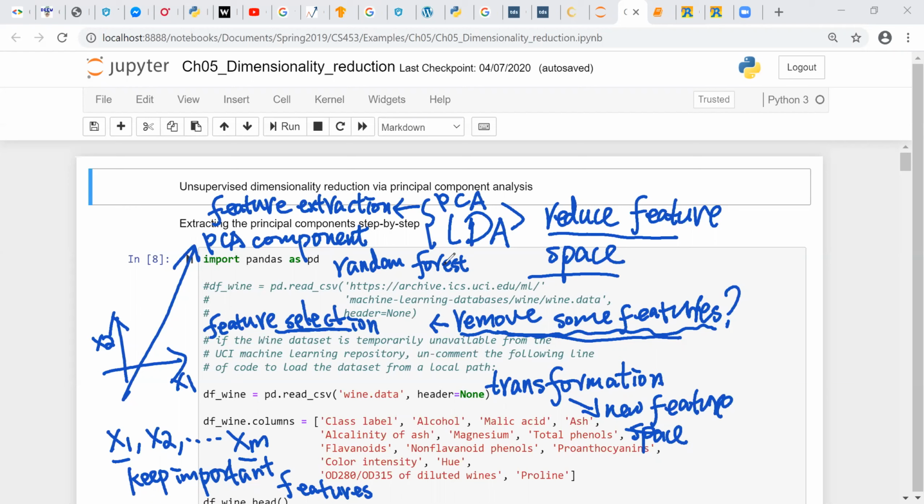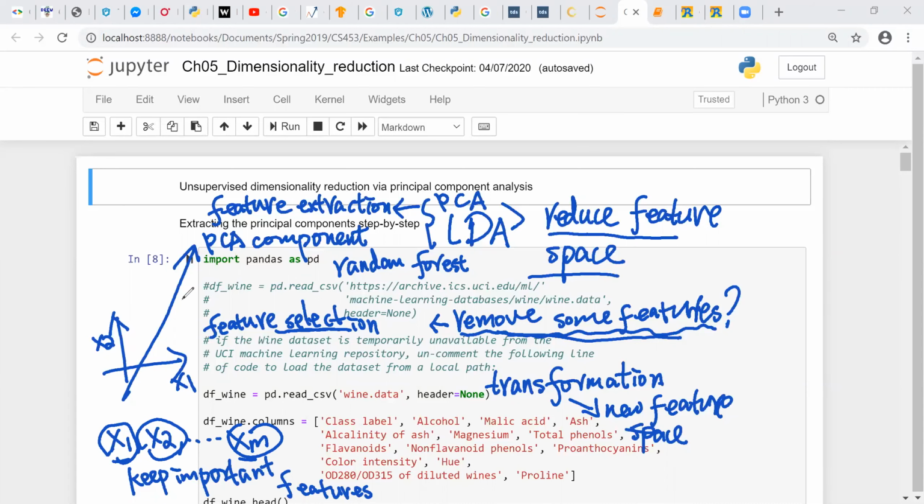So this is called feature selection. But LDA and PCA are not. Because for feature selection, you are not going to change the original features. You're going to keep them. You just throw away some of the features that are not important.